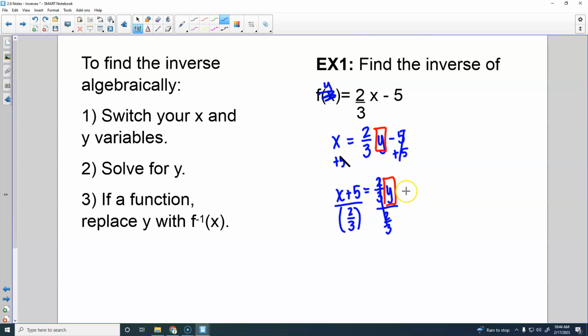So the other way that you can deal with this is to multiply by the reciprocal, because that's essentially what you're doing whenever you divide. You're flipping the second and multiplying. So you could multiply by 3/2 and multiply by 3/2 over here, because dividing by 2/3 is the same as multiplying by 3/2. So you may see the answer left like this.